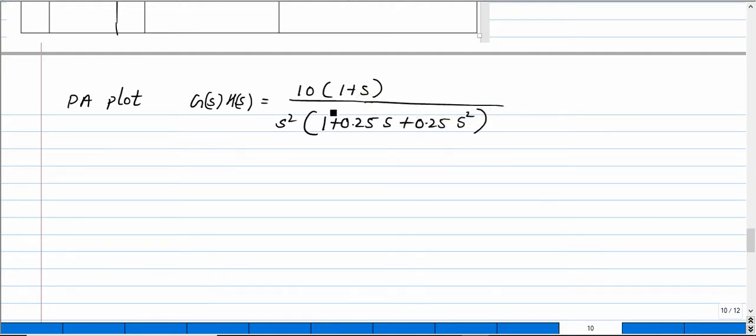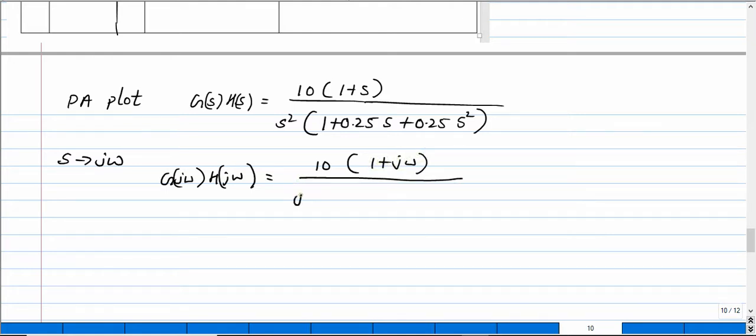In order to obtain the phase angle plot, we shall substitute s as j omega, and this will be G(j omega)H(j omega) equal to 10 multiplied by (1 plus j omega), followed with j omega into j omega (1 plus 0.25 j omega plus 0.25 j omega whole square).